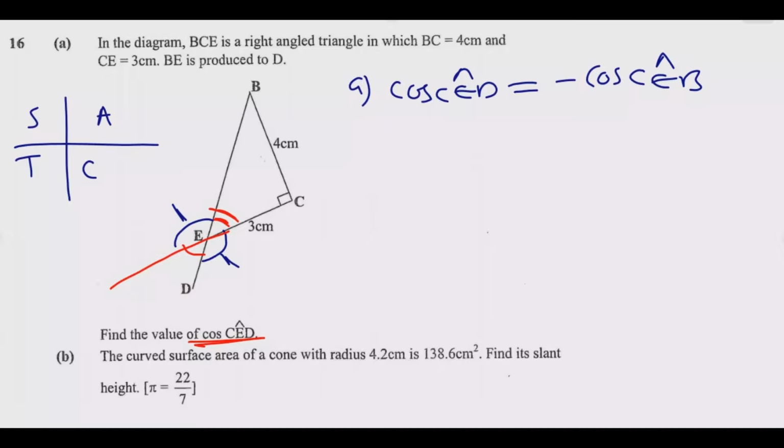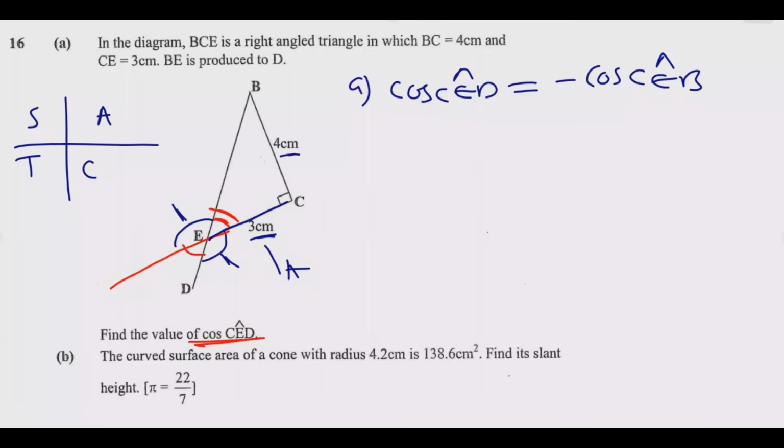So how can we find cos CEB? We have the adjacent, which is 3. Because we know the adjacent and we know the opposite, we can find the hypotenuse.